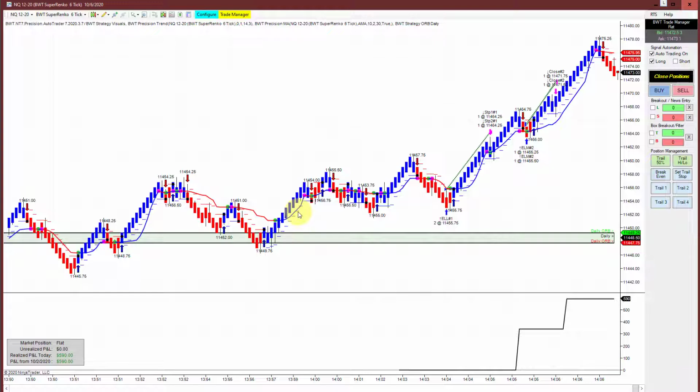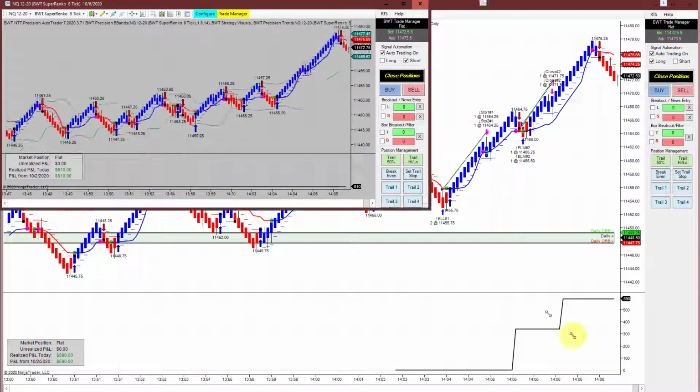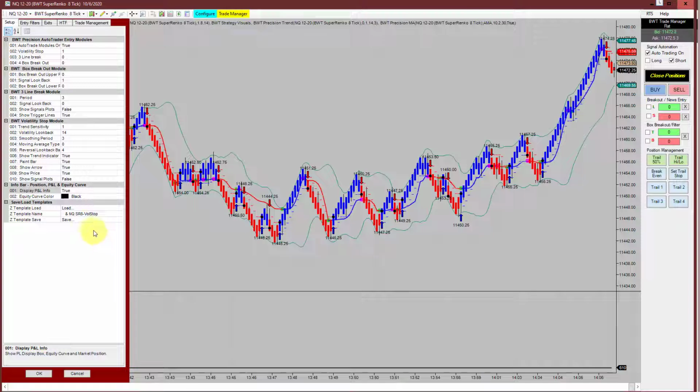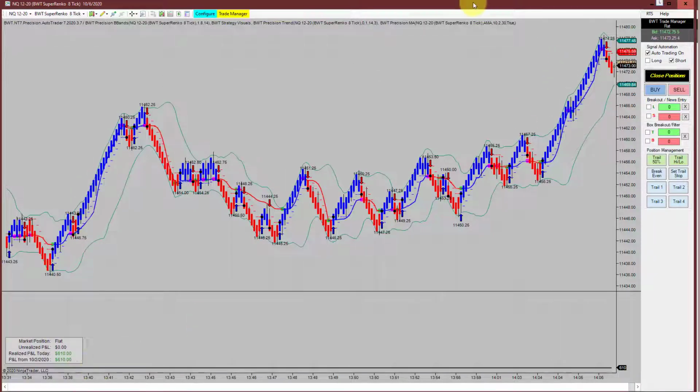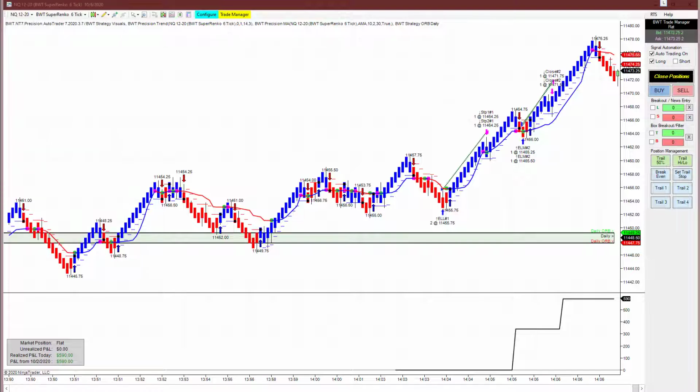This is a Superenko 6 chart, but it's the Superenko 8 template. This was traded in Sim, and I've traded this before, but it's this template here. I applied it to a Superenko 6, as the Superenko 6 gives you a little bit earlier signal.